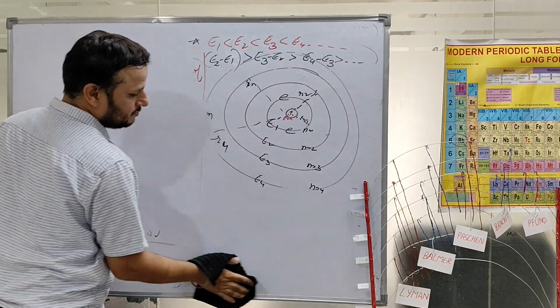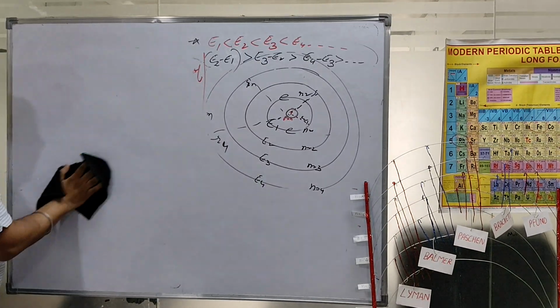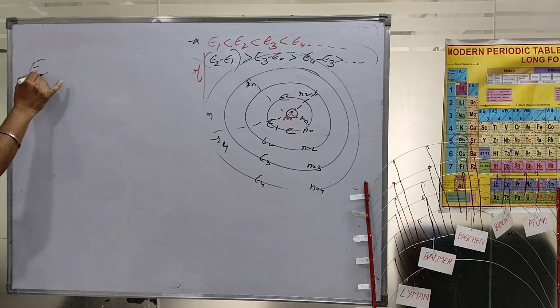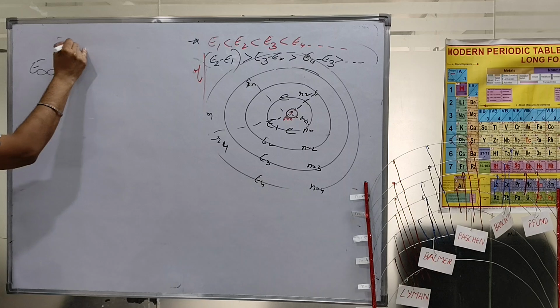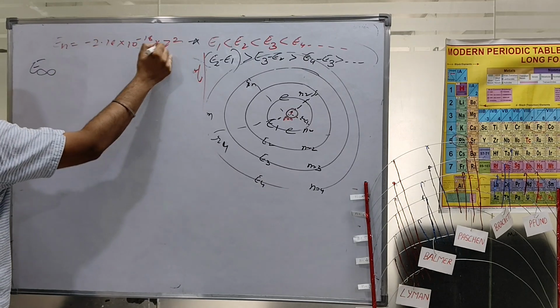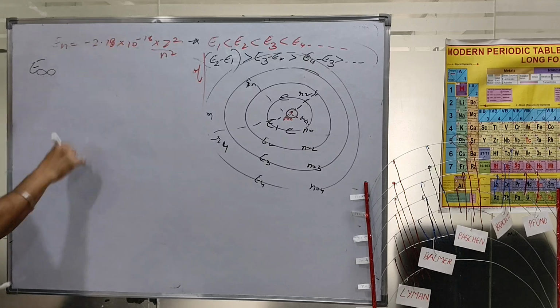तो रेडियस, एनर्जी, what is the energy when electron moves to infinity? एनर्जी का फॉर्मूला minus 2.18 into 10 to the power minus 18 into Z square by n square.